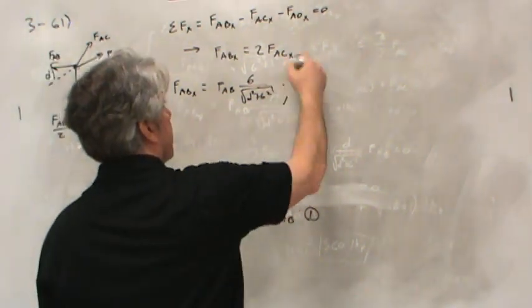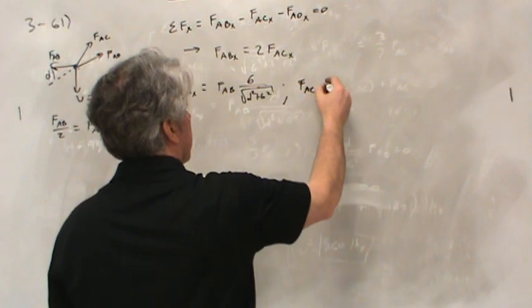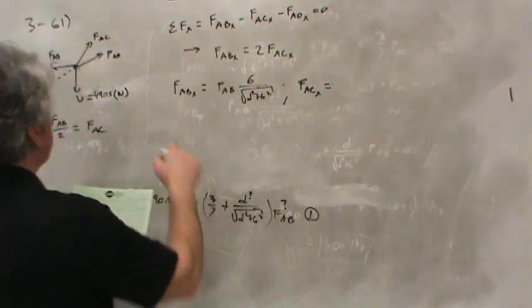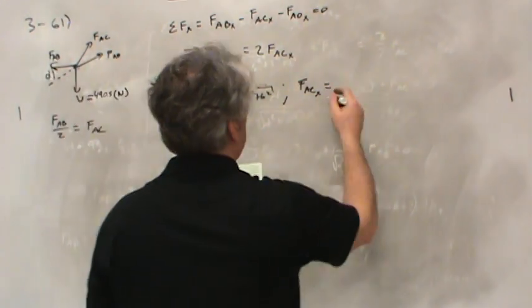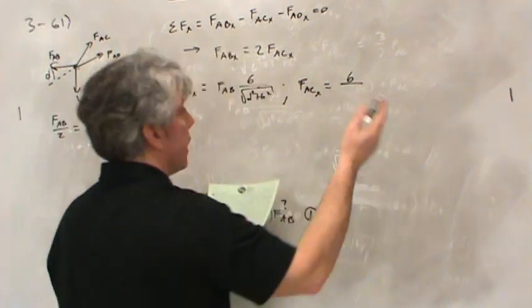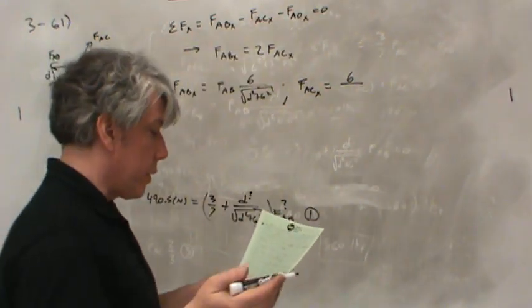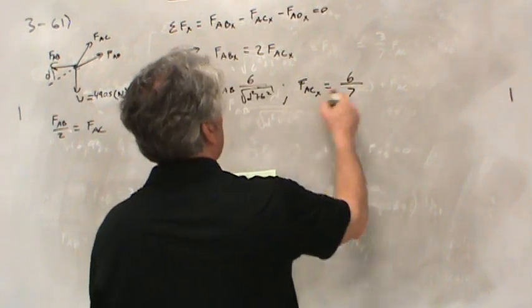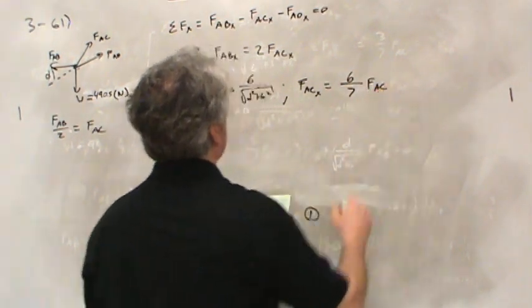On the other hand, for this side, FACX can be evaluated. We only want the horizontal piece, so they go back 6 meters, or at least the scaling does, 6 over the geometry length. We've already discovered this, the square root of 49, so that's 7. 6/7 of FAC.